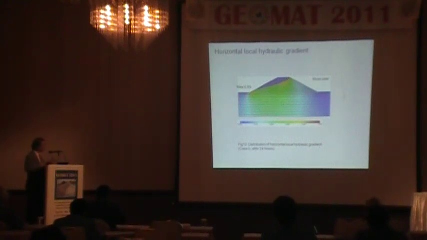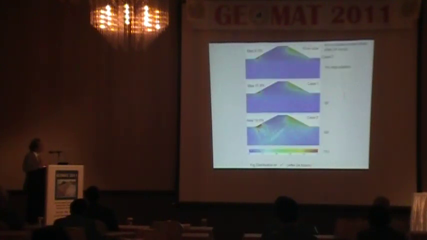It's larger than 0.5, so it means, with respect to the conventional guideline, it is dangerous, not safe. And then we show you the distribution of the plastic shear strain.